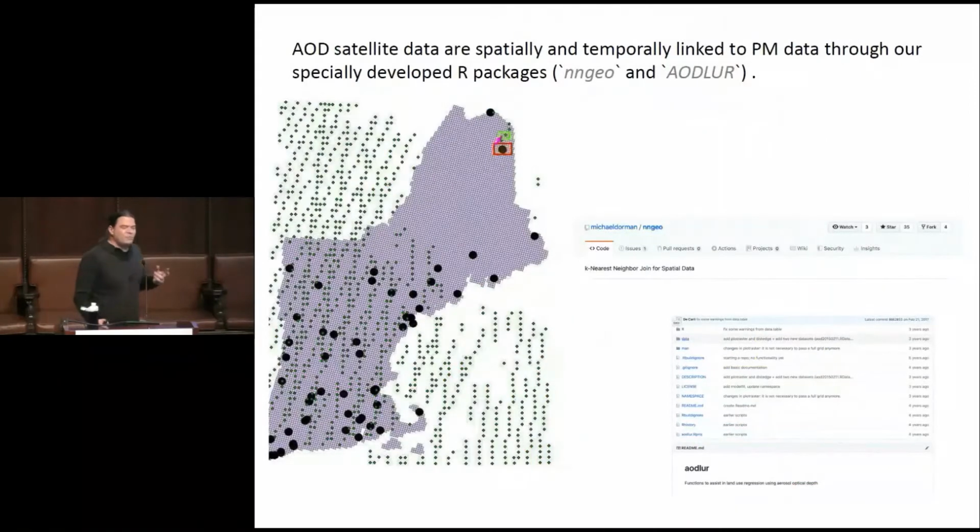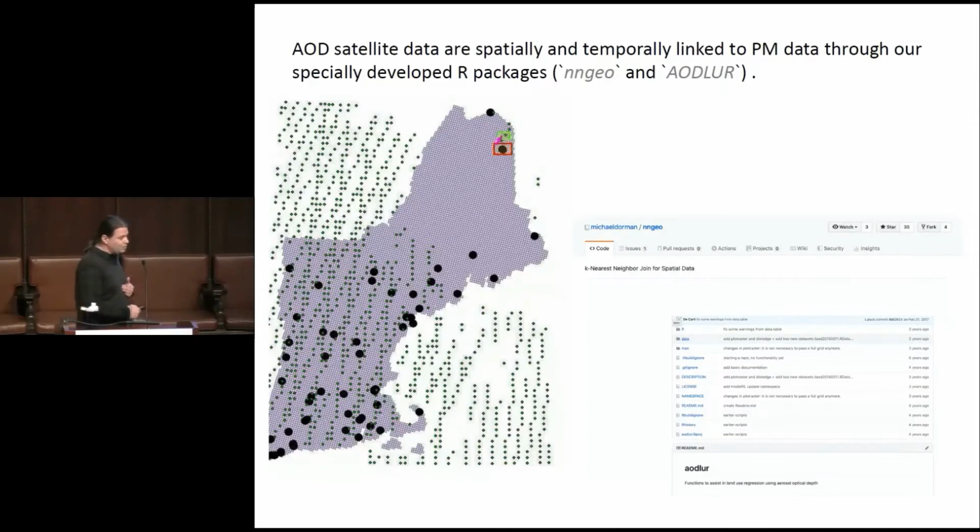And then we have developed packages which are freely available on GitHub, called NNGeo and AOD LUR, which allow us to spatially and temporally link the AOD data with monitoring stations on the ground. This is done because the monitoring stations are fixed, but the AOD data changes location day to day.